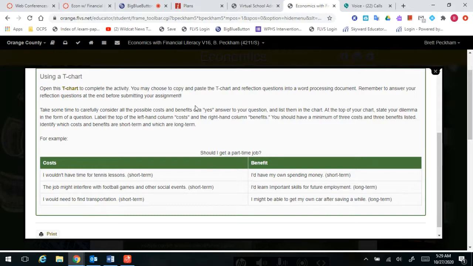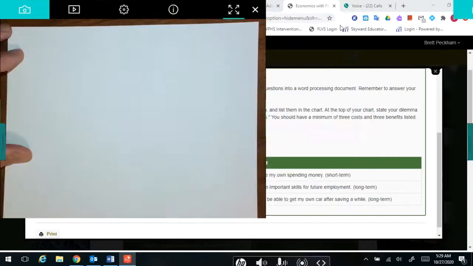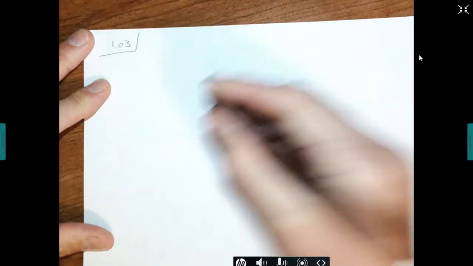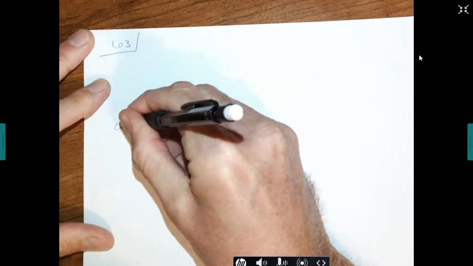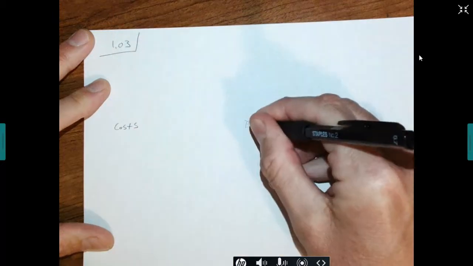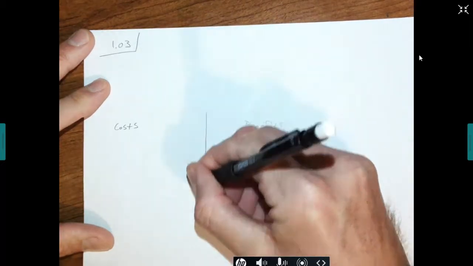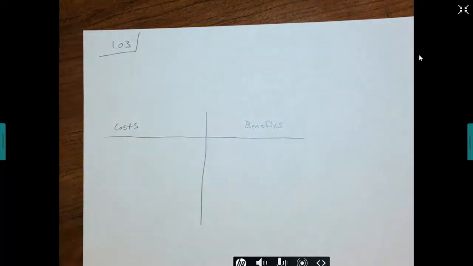There are different options. So the first thing I do is make this little T-chart here. We've got costs and benefits. So this is for 1.03. And you just come up with your question at the very top.